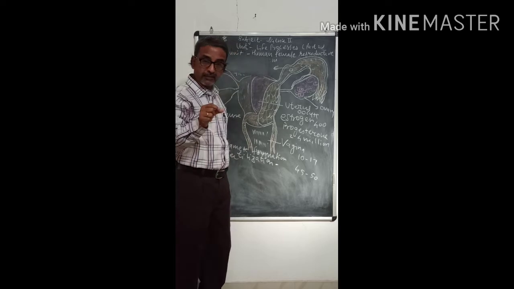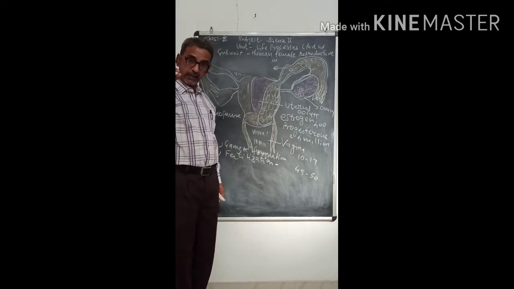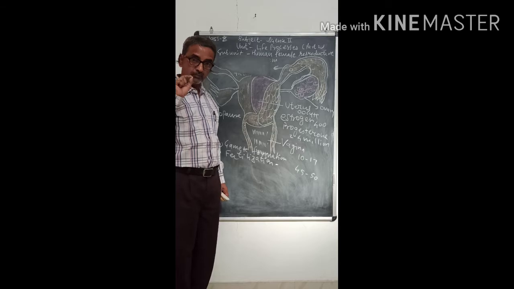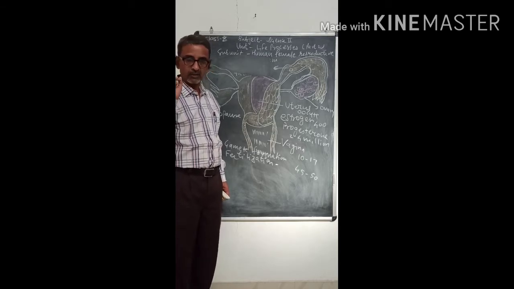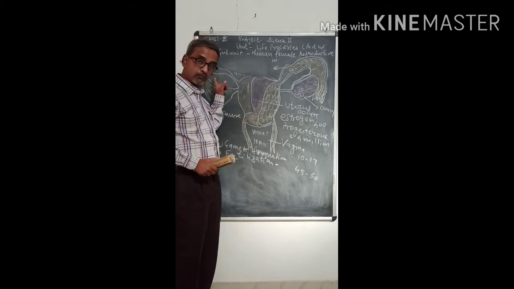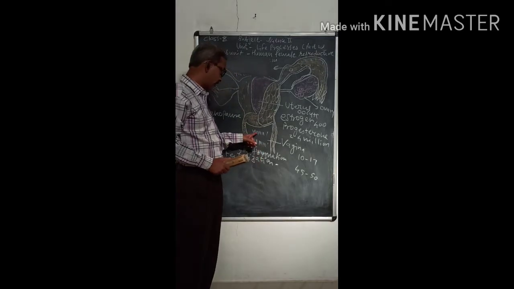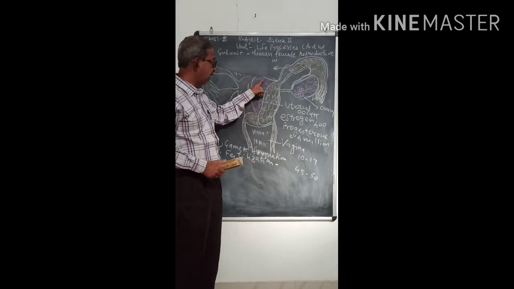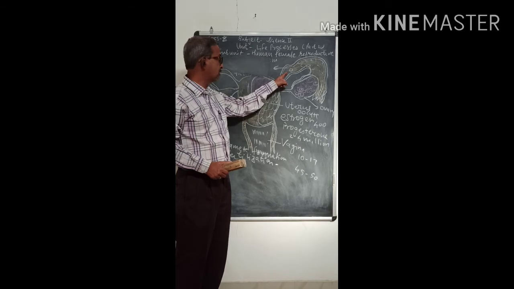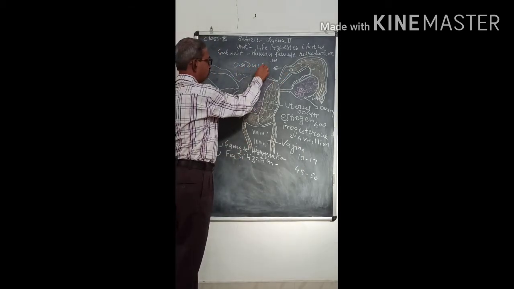We have seen that the sperms travel from the testis to the penis, a distance of 6 to 6.5 meters. For that they require energy, and there is fructose in the semen. So the sperm released from the penis enter the vagina, then the uterus, and these sperms go to the oviduct or fallopian tube.